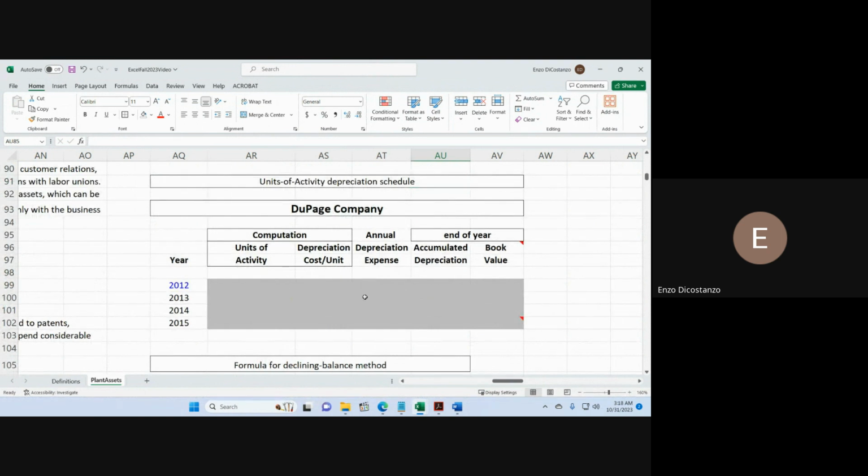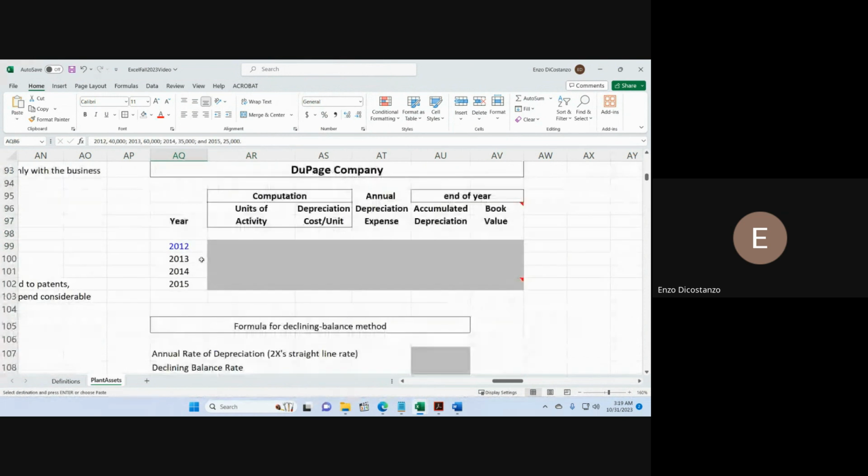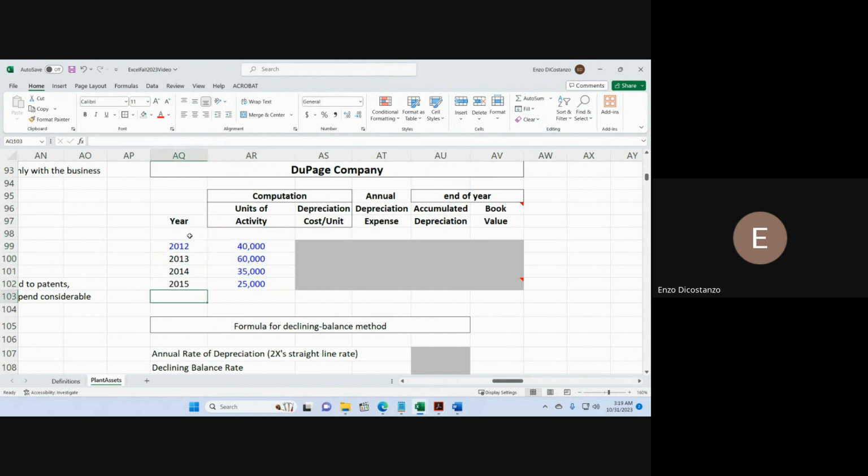And so in here, for units of activity, this is going to be 40,000, and then the other years' usage. And there's your 160,000.